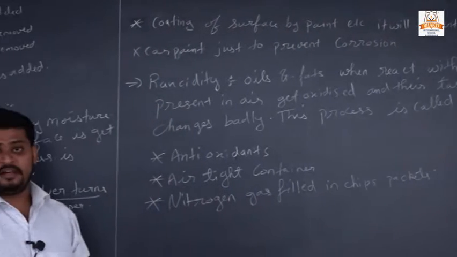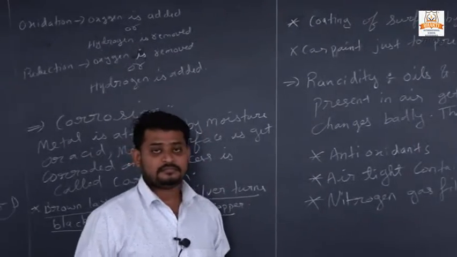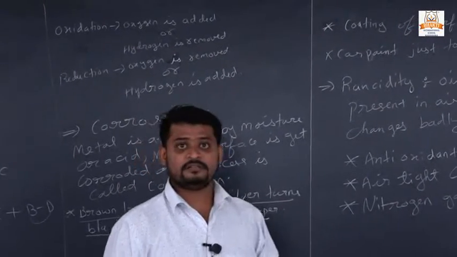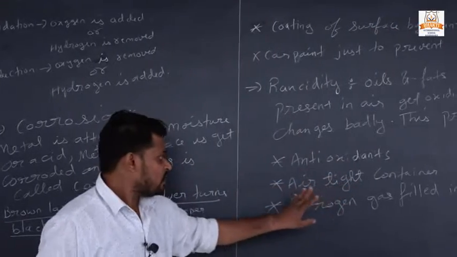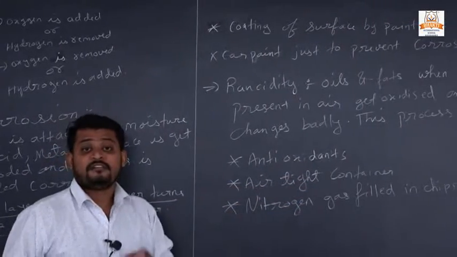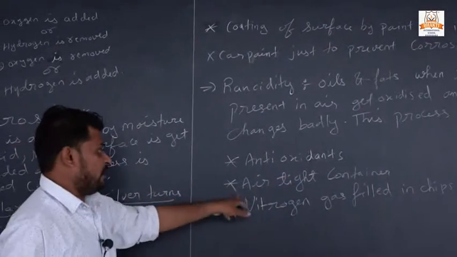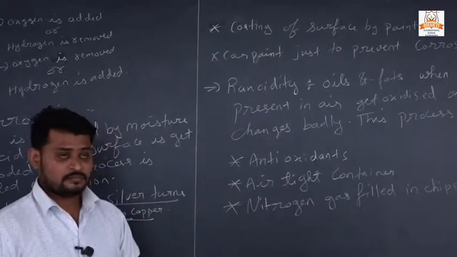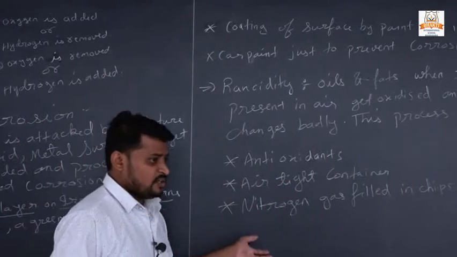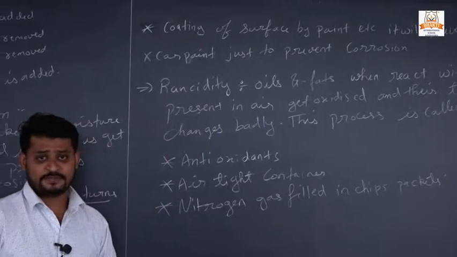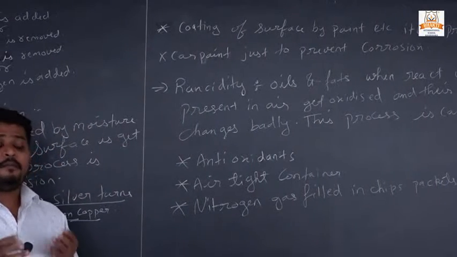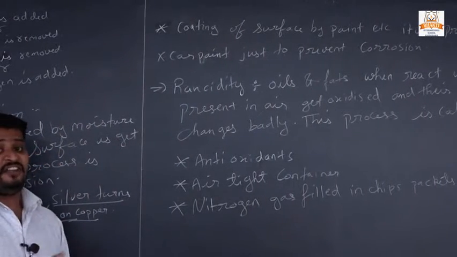So how do we prevent food from rancidity? We add antioxidant, or we put the food in an airtight container, or you all have noticed when you are purchasing a potato chips packet, the packet is half filled with air.